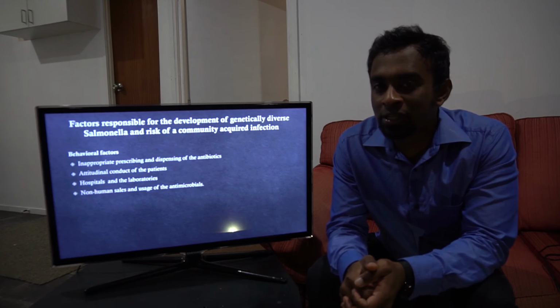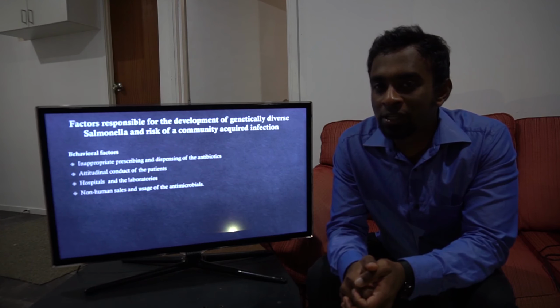Now, we are going to look at the genetic factors. There are 3 genetic factors. The first one is plasmids, integrons and transposons. Plasmids are self-replicating, extrachromosomal DNA that contain genes for virulence and resistance. Integrons are mobile genetic elements that contain 2 conserved segments flanking a central region where the resistance genes are inserted.